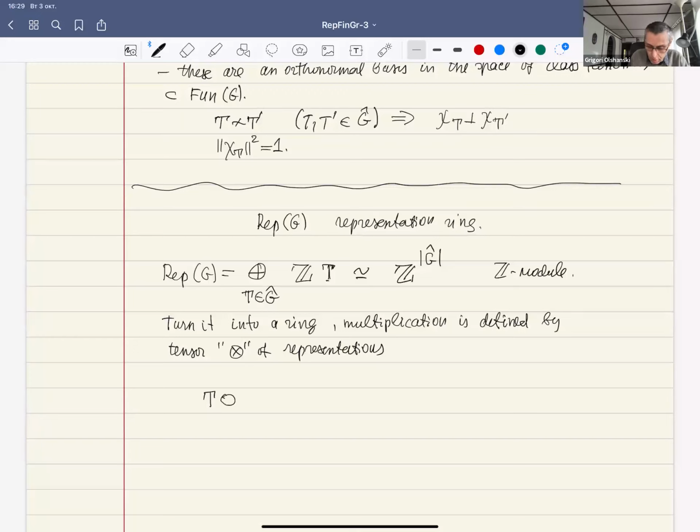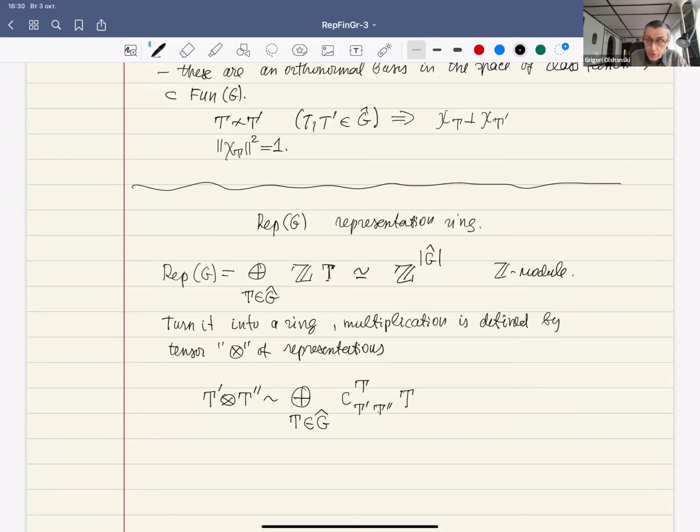So we tensor two representations and can write it as a direct sum. Maybe it's better to put here prime and double prime, and then the sum is over irreducibles, and some constant, which depend on all three objects. These are certain non-negative integers.